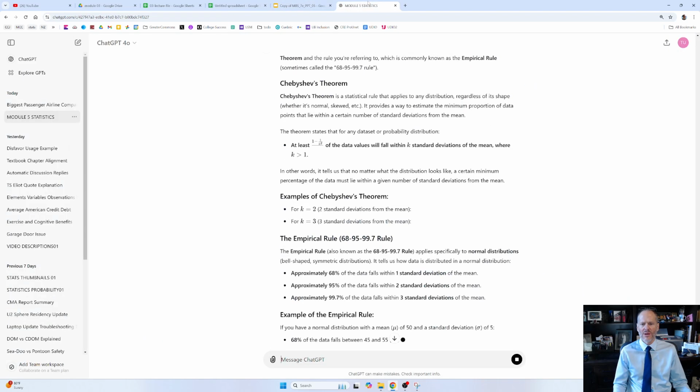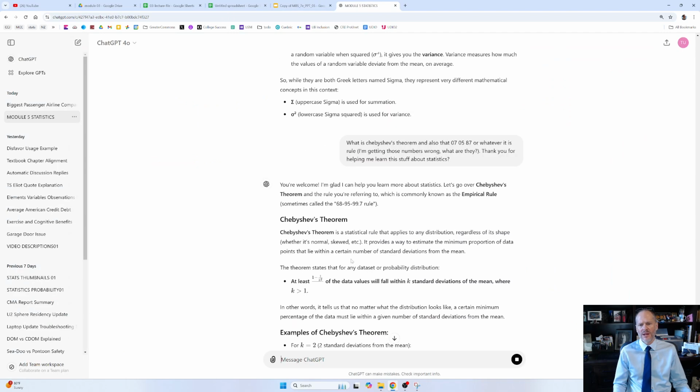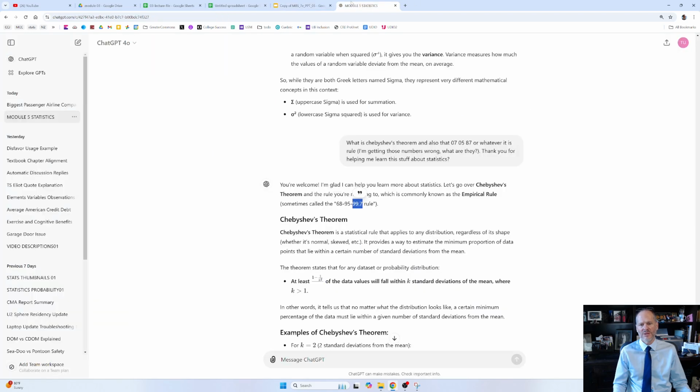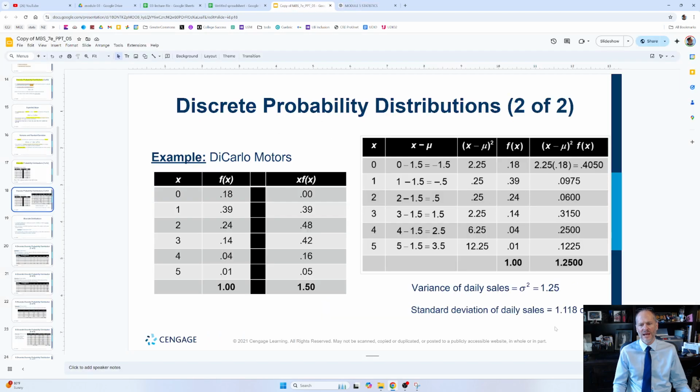So for this rule, the 68, 95, 99.7, 99.7% of our data will be within 1 standard deviation. So our car sales will be within 1 standard deviation of the mean, which is 1.5, 99 point whatever 7% of the time. And then 2 standard deviations, it'll be 95% of the time.